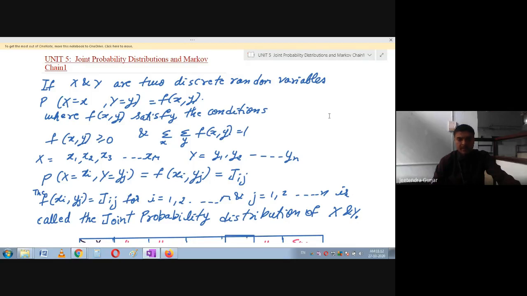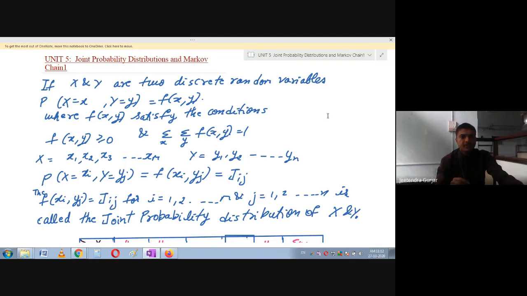The joint probability itself means that it is a join of two probability distributions. So we are going to take here two random variables which are discrete.